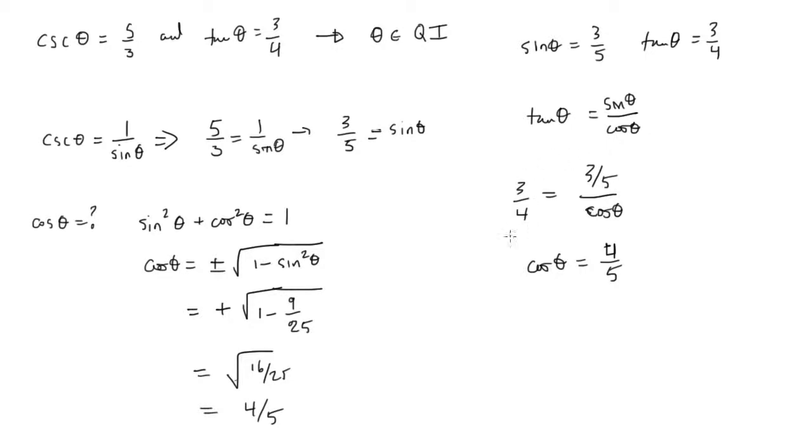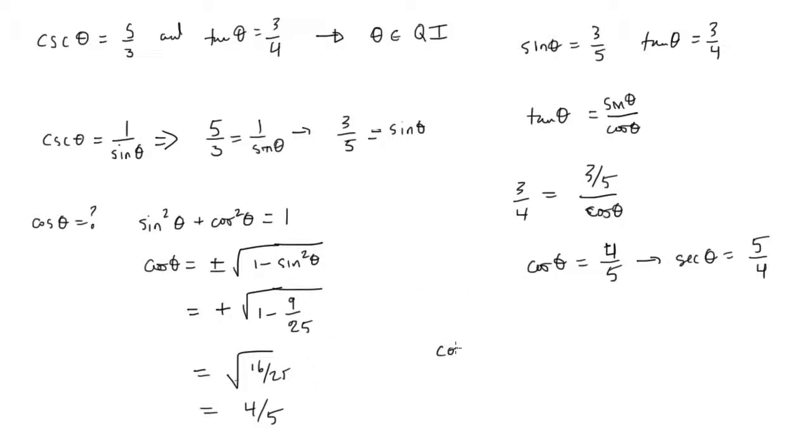So sometimes you can come at this from two different directions. This way was maybe a little bit faster, but not super substantially. Okay, so we figured out sine and cosine, and then the other two are pretty easy. If we know that cosine is this, then secant, we already know cosecant, secant is just the reciprocal, and so we get 5/4.